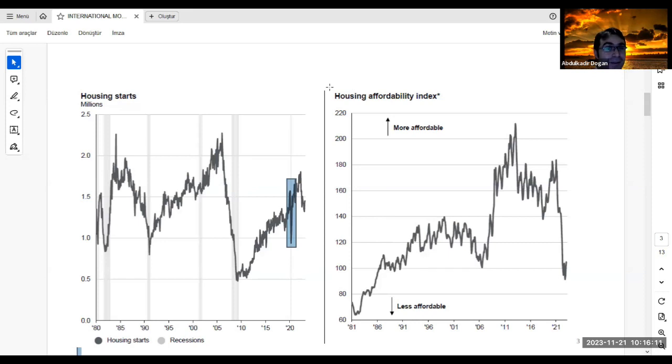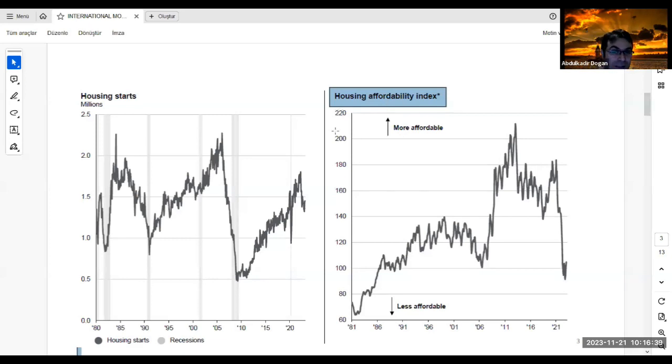And on the right-hand side of the chart, in the second chart, I have the housing affordability index. What does this mean? This means that I'm dividing the house price by the average income in the country. And this shows whether an average person can afford to buy a new house or not. Okay, this is the house affordability index.